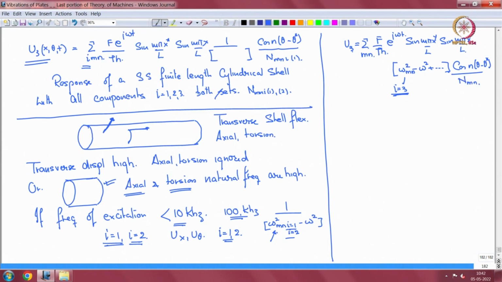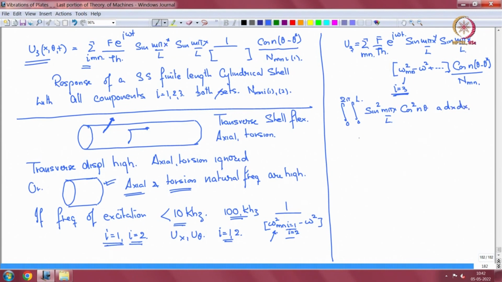Now N mn, let us see, we have integral 0 to 2 pi, integral 0 to L, sin square m pi x over L, cos square n theta, a dx d theta.